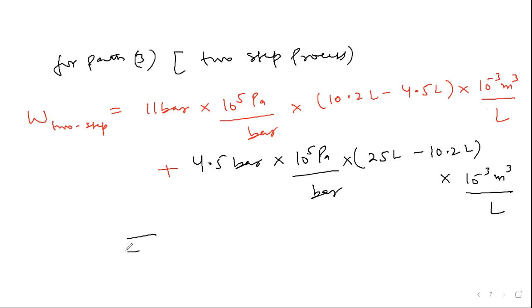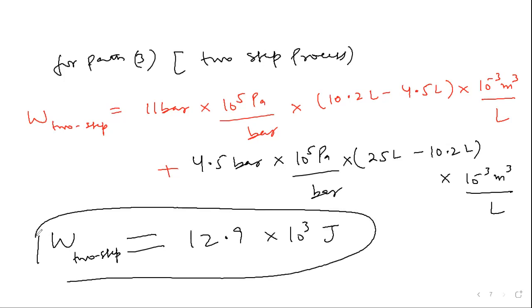So when I calculate it, you can check it. It turns out to be 12.9 times 10 raised to 3 joule. This is W two-step, right? So this is the work done for path 3.